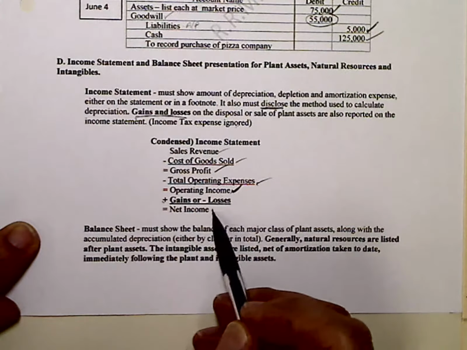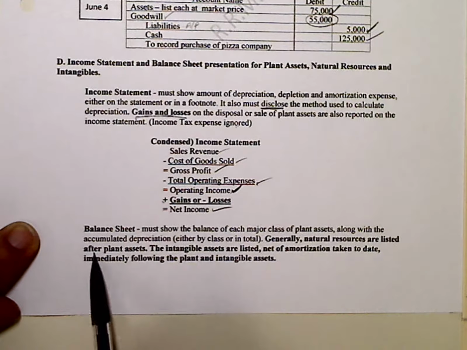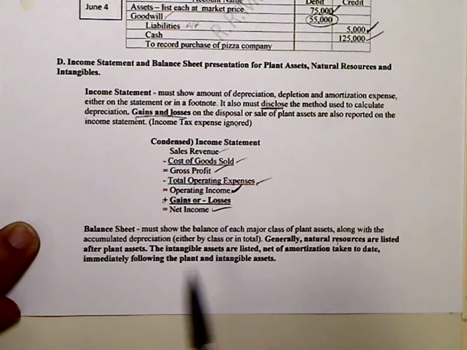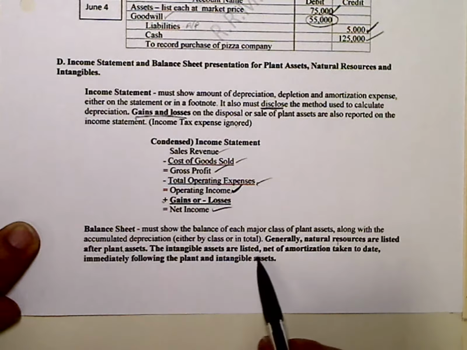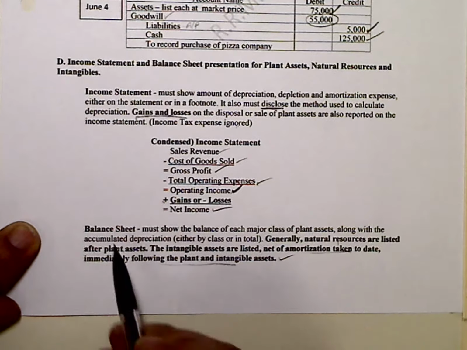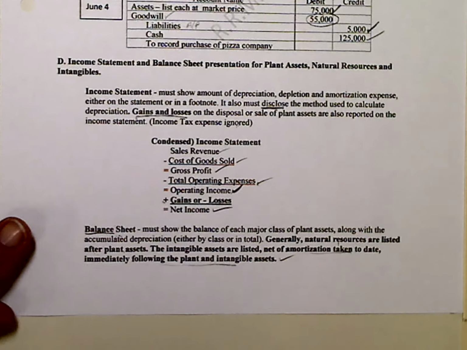That gives us net income. On the balance sheet, know that we've got these categories: natural resources, after plant assets, that's taken. Okay, that's the balance sheet. Okay, that's chapter 9.